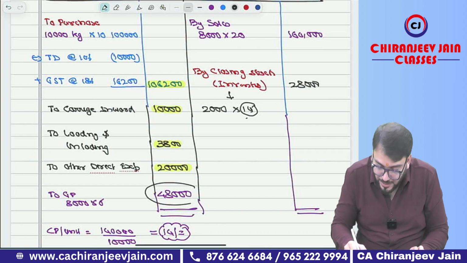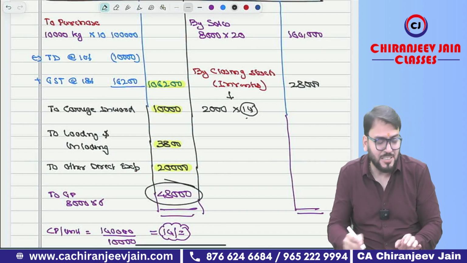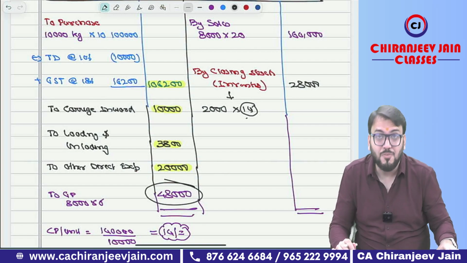Exactly 48,000 is coming. Actually, I made one mistake when I was calculating, therefore I was surprised why the answer was not coming.